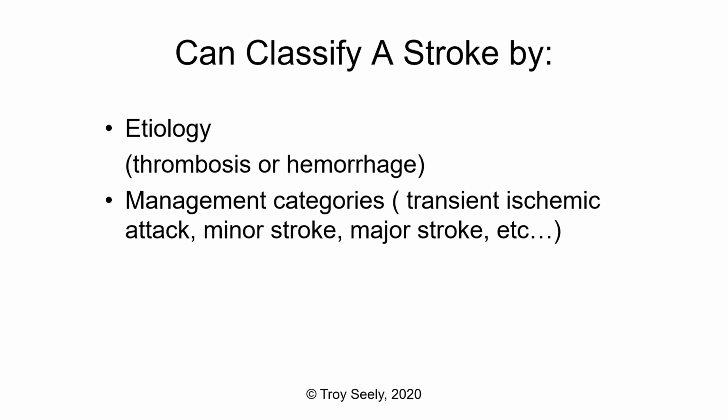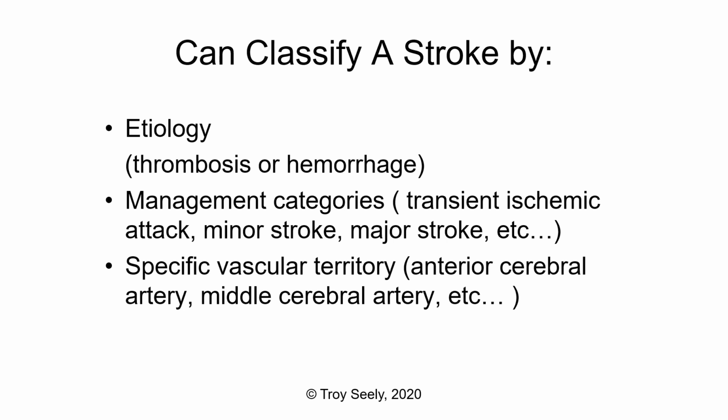The management of a presentation or a category is also a way of classification. So there are transient ischemic attacks, that would be TIAs, and again, that's coming up later. Minor versus major. So there's different categories in terms of the degree of involvement, as well as going over the specific vascular territory. So the anterior cerebral artery, the middle cerebral artery.